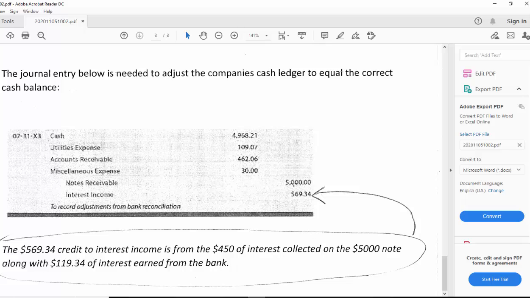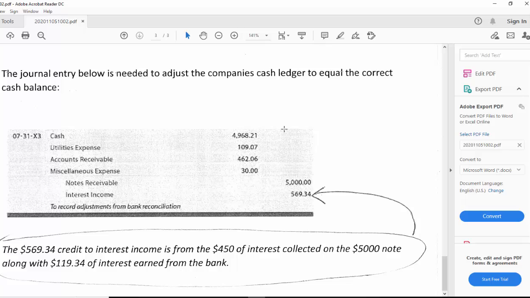We need to separate the note receivable from the interest because there are tax consequences and you have to pay taxes for interest income. But this receivable here, maybe we had lent somebody some money. I'm not sure what the example says. But if it's money that somebody's repaying to us, you don't have to pay taxes on the repayment of principal. You just pay taxes on the money that you earned for loaning it out.